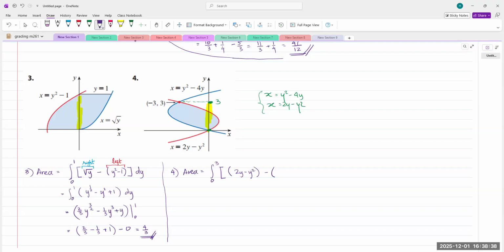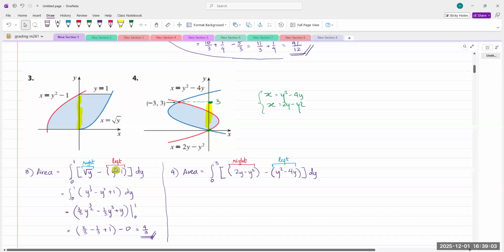The curve on the left is the blue one, that's y squared minus 4y, dy. Let me notate this first. This is the curve on the right, and this is the curve on the left, which means x is smaller.